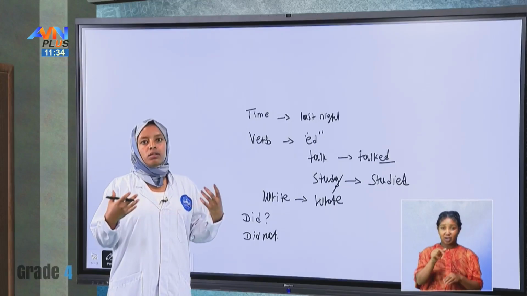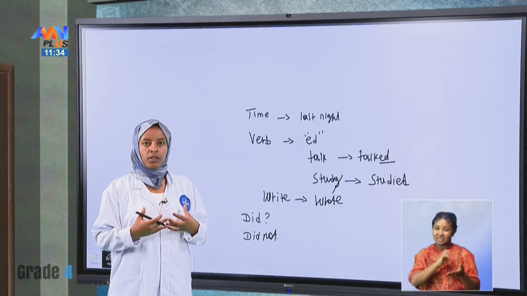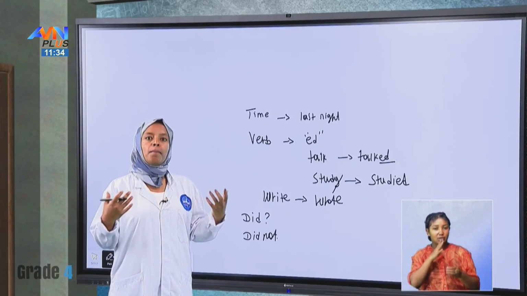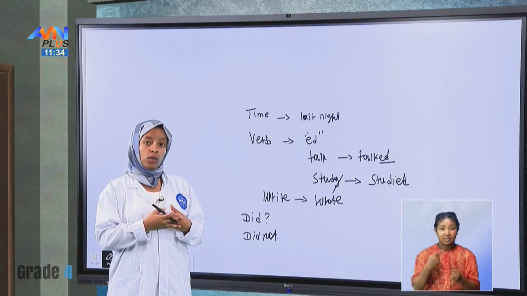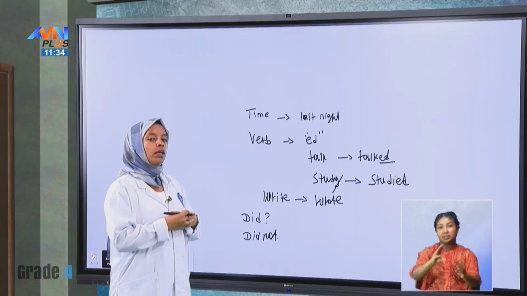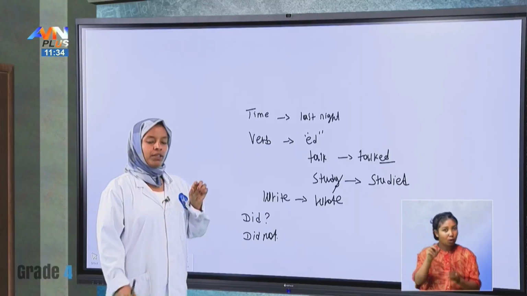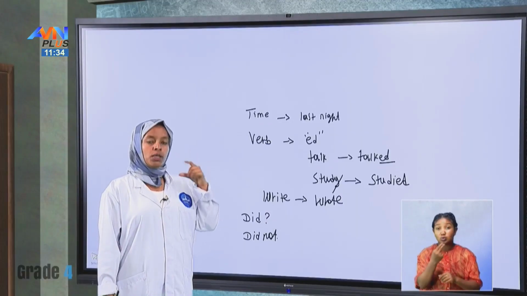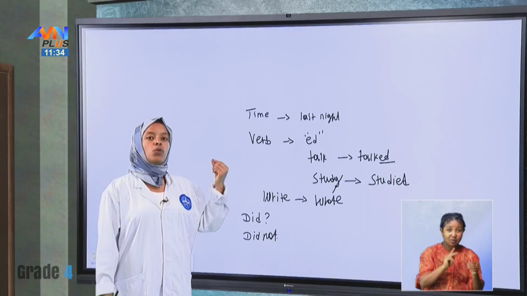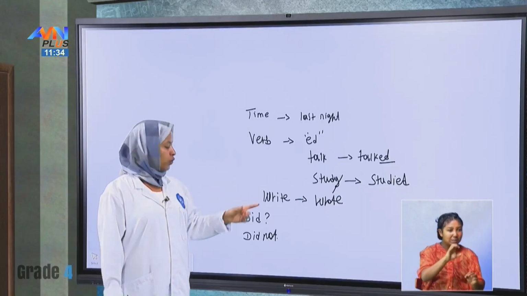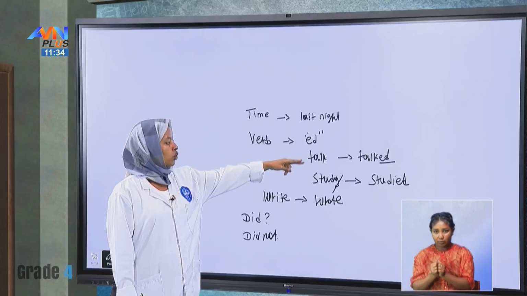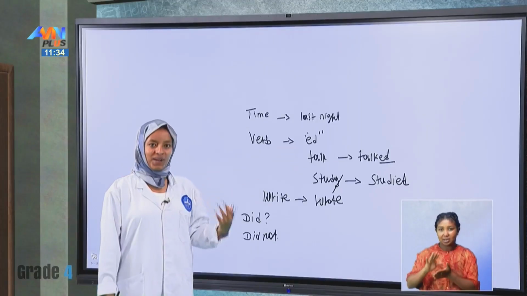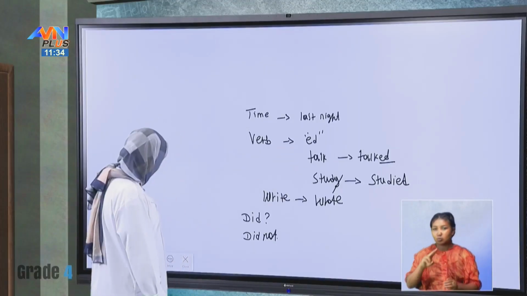I didn't study hard. I didn't finish my homework. These are all the methods. And also, don't forget one rule. Don't use two simple past forms in one sentence. If you are using did, just use V1, like talk, study, and write. I hope you all understand the topic.